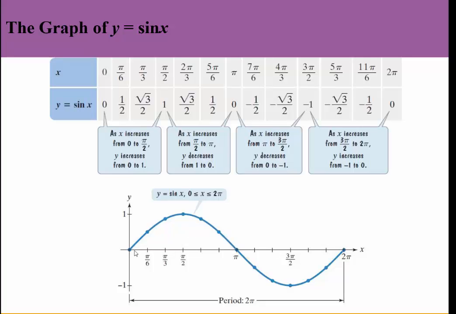So remember in college algebra and pre-calculus, increasing, decreasing, and so forth. It says as x increases from pi to 3 pi over 2, y decreases from 0 to -1. So really it's decreasing all the way down this interval until it hits 3 pi over 2 to 2 pi, and then it begins increasing again.